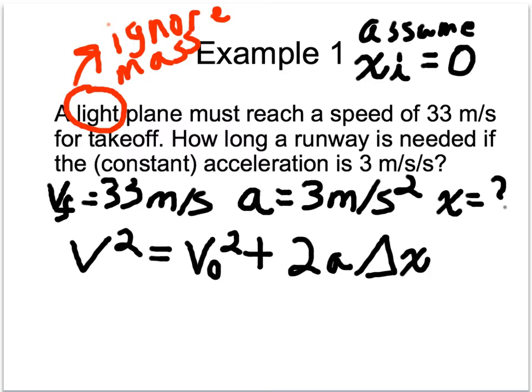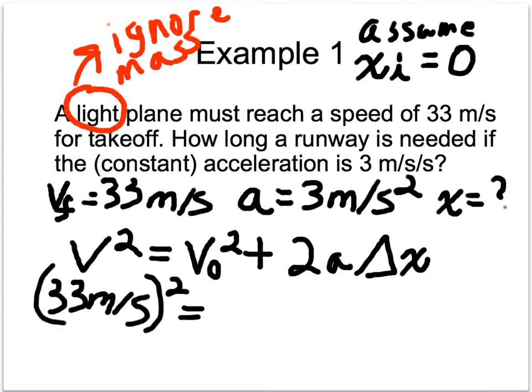Okay, so we know our final velocity needs to be 33 meters per second. Our plane has to take off from a runway, and if you've ever been on a plane, everybody has to get on the plane, so it can't be moving at that point. So I'm going to go ahead and say that our initial velocity is 0. 0 squared is still 0.